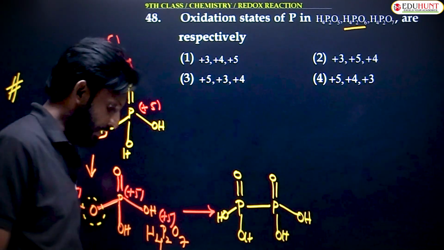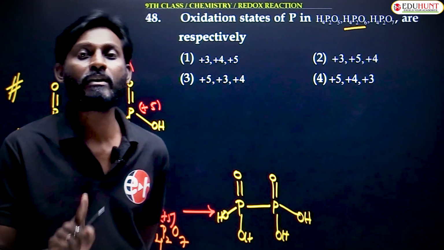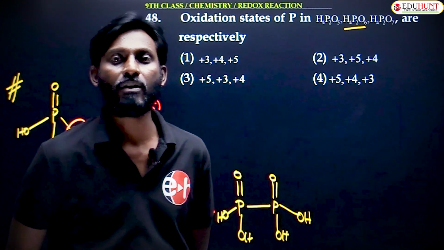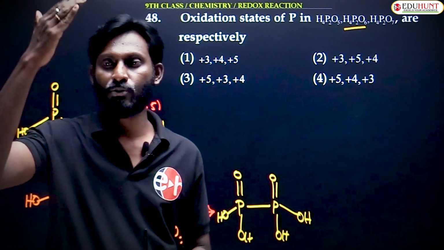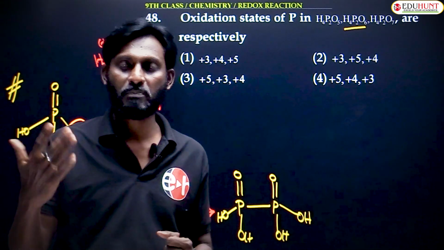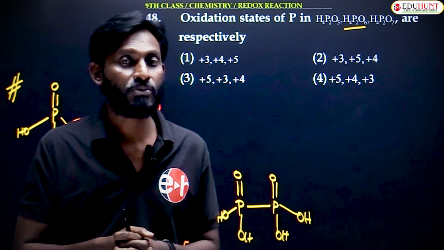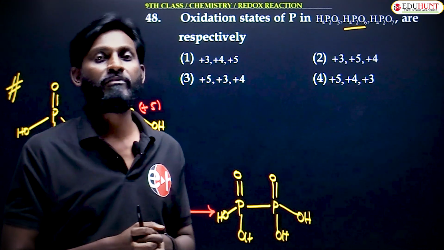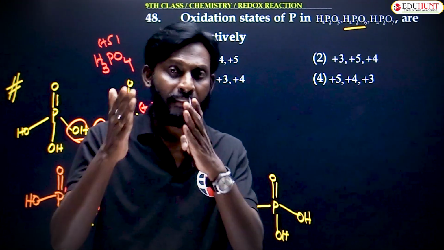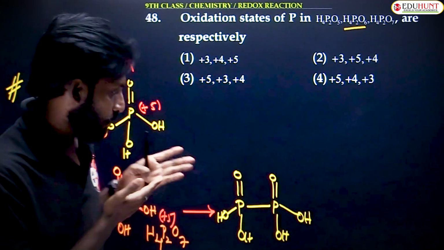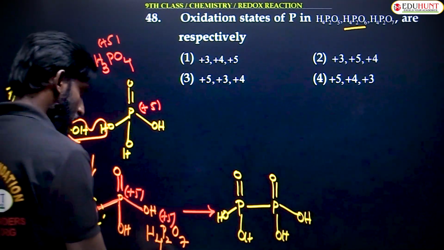In higher studies, in intermediate second year inorganic chemistry, there is a chapter called 15th group elements, nitrogen, phosphorus, arsenic, antimony, bismuth. In that chapter we are going to study these 15th group elements, nitrogen and phosphorus and their compounds very deeply. There you will come across this. There we will study these structures very clearly.